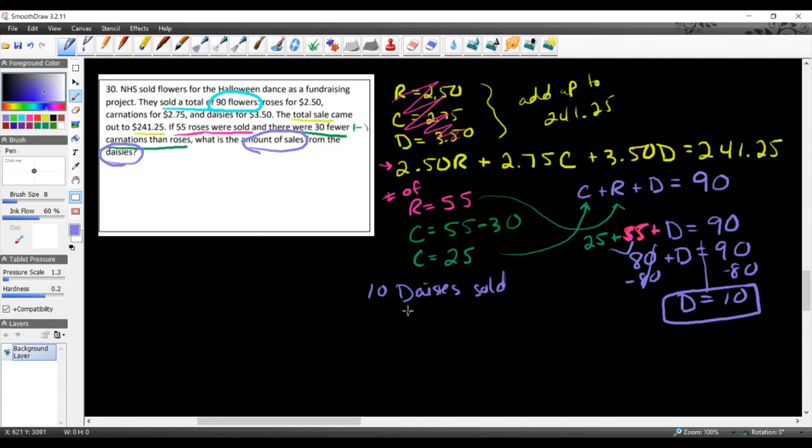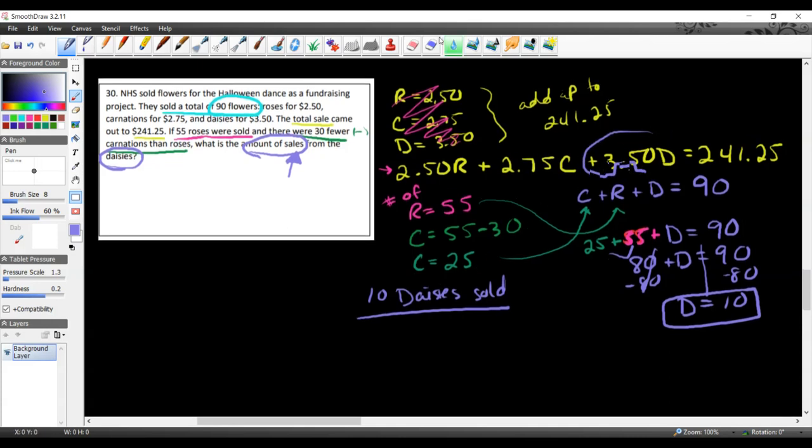Okay, but if you look at the problem, they want the amount of sales. So we need to go and see how much daisies are worth. So it tells us right here, daisies are worth, sorry about that. I do not know what just happened there. Daisies are worth $3.50, okay? So we need to multiply still.